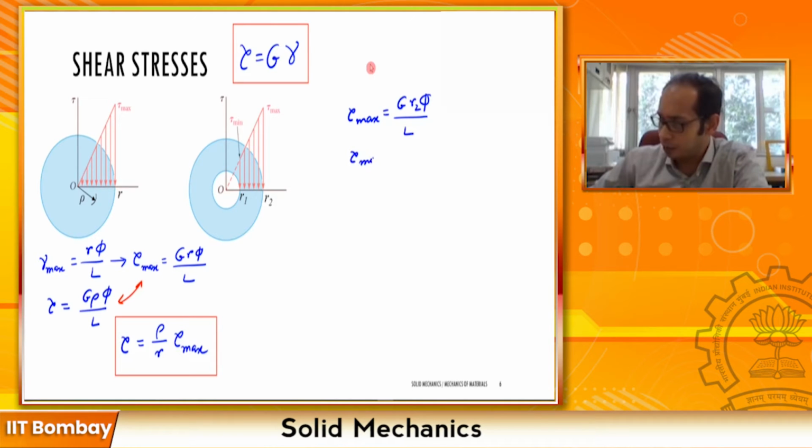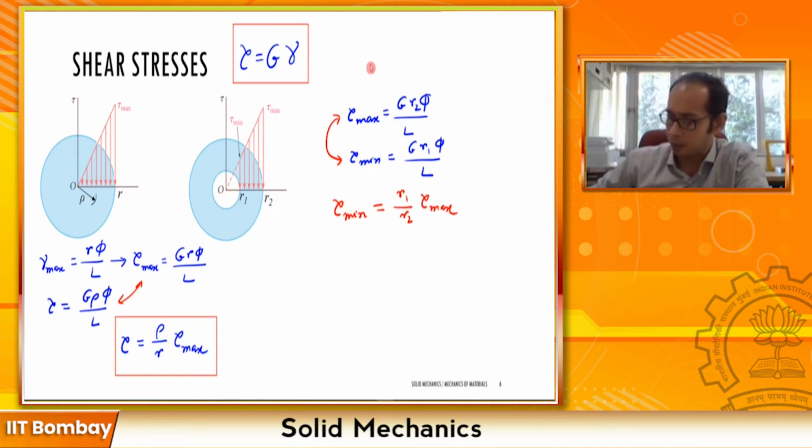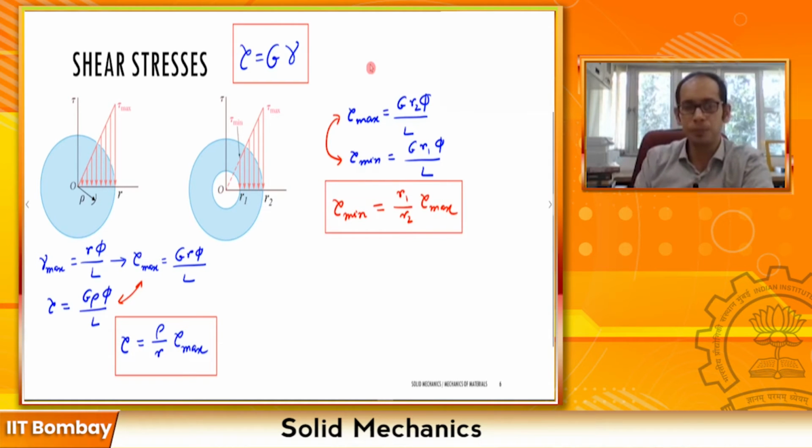Tau min is going to be G R1 phi by L. Now again, if you use these two relationships, what we will get, your tau minimum is going to be R1 by R2 tau of maximum. So this is also a fundamentally important relationship that is there, right?